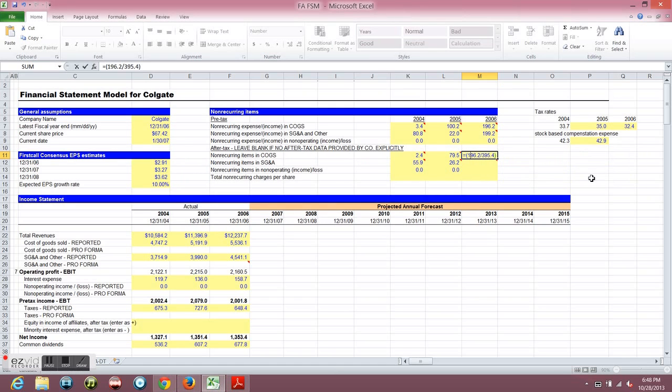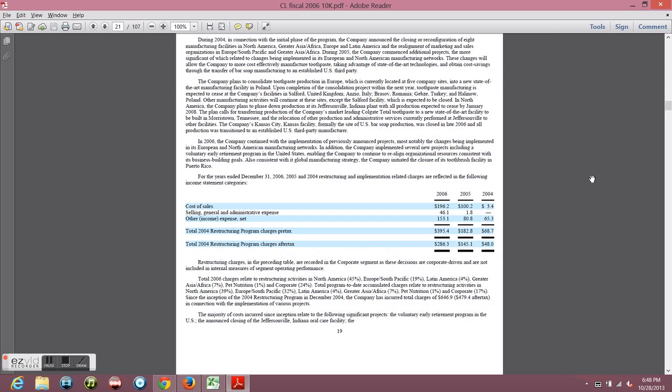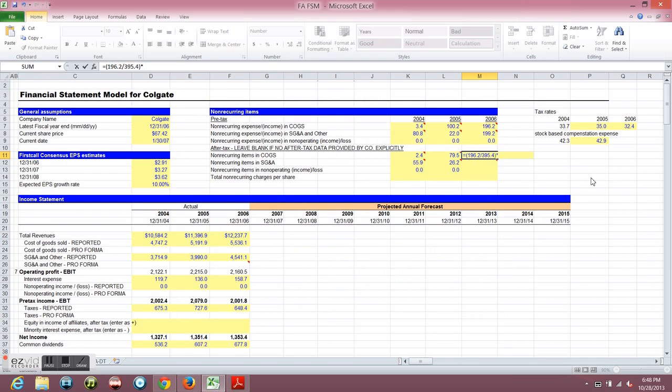Sorry about that. Okay. And then we're going to multiply by 286.3. Okay, and as you can see, we're saying that the same proportion of the pre-tax is the same proportion of the after-tax. Therefore, we have 142.1 as our after-tax COGS non-recurring.